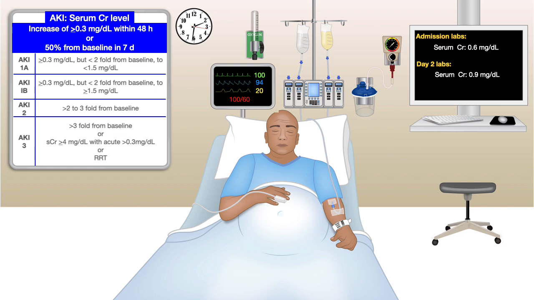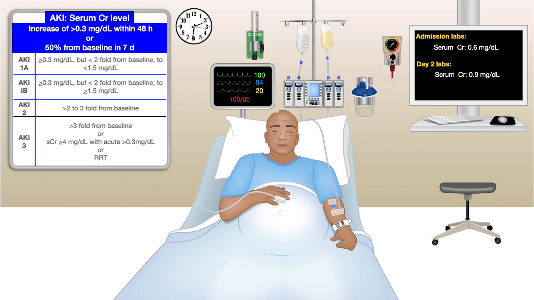If it is threefold or higher, then AKI 3. Or if you have a serum creatinine of 4 milligrams per deciliter with an acute increase of 0.3 milligrams per deciliter, it is AKI stage 3. Or if the patient is on renal replacement therapy.